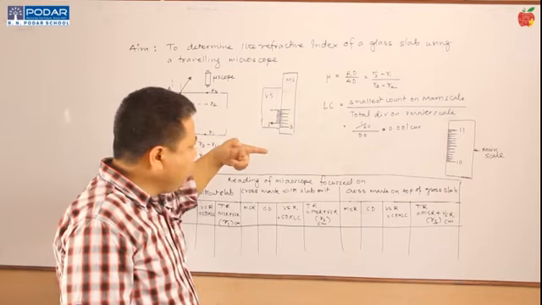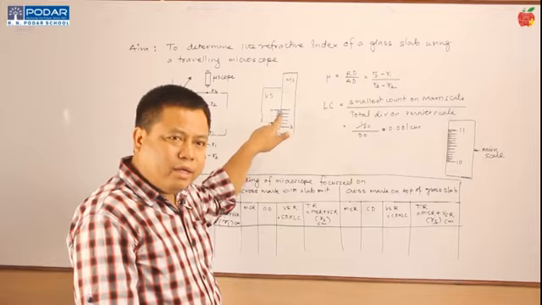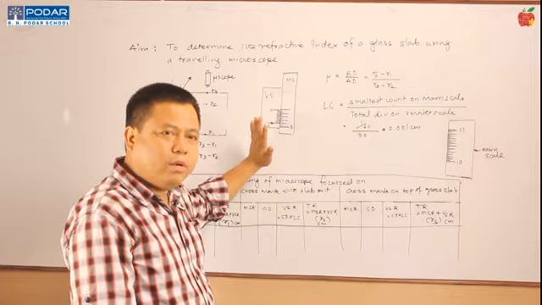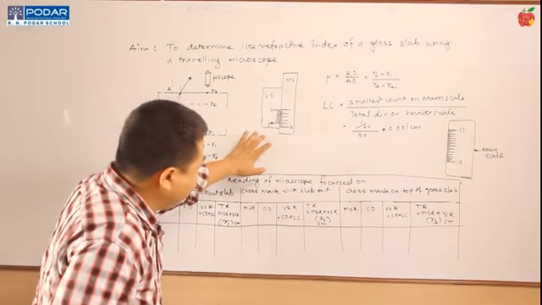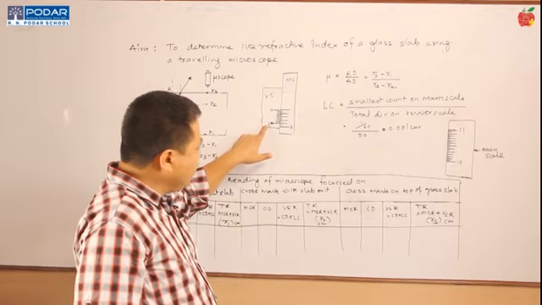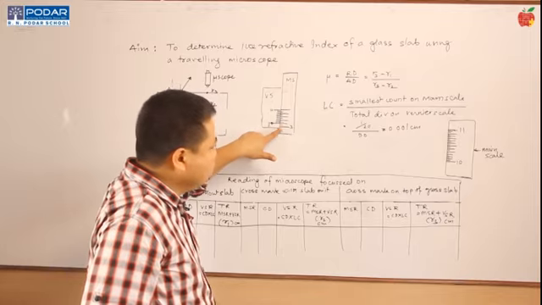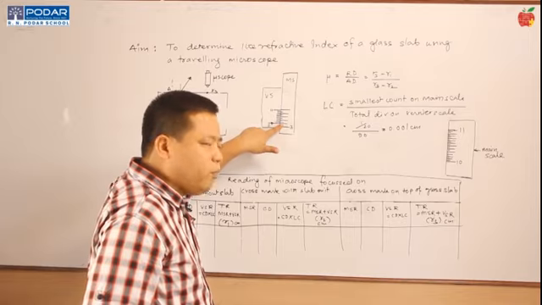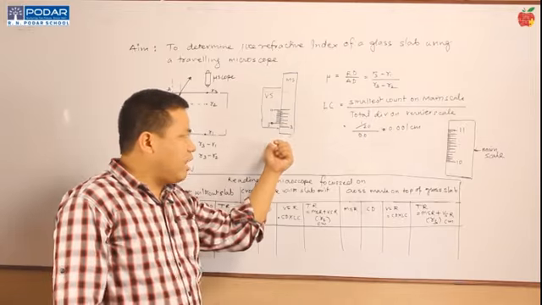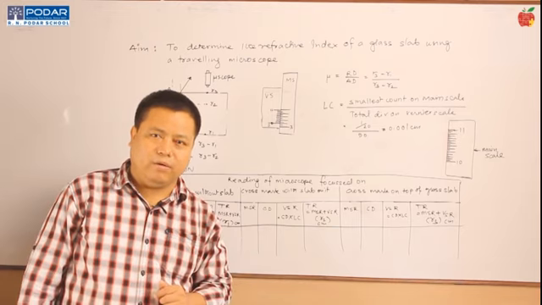That arrow points to some line on the main scale, and that reading will be your main scale reading. For example, in this diagram, my zero is pointing toward this line. You can say that this is 3.05 and this is 3.1. So in this diagram, my main scale reading is 3.1 centimeter.